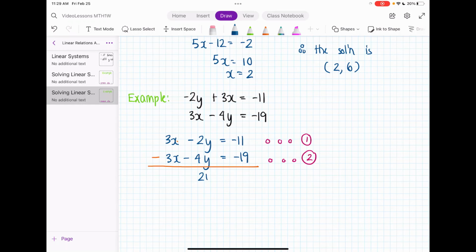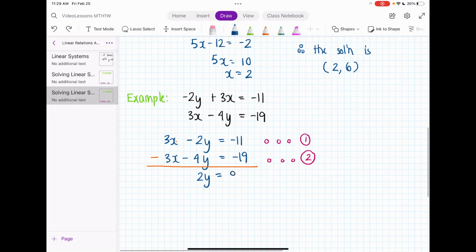So I will have 2y there. And then here I have negative 11 minus negative 19, which is like negative 11 plus 19, which is 8. And then we have y equals 4.